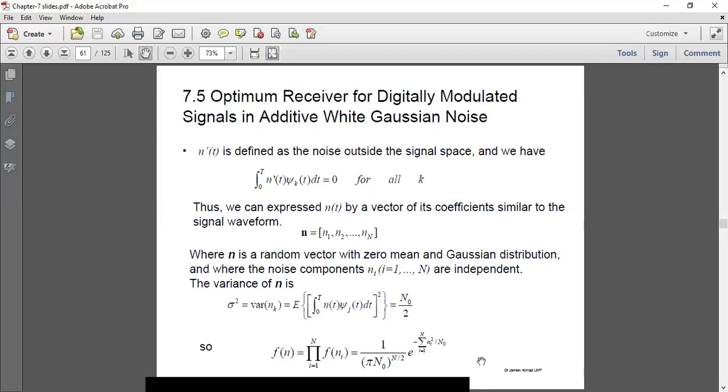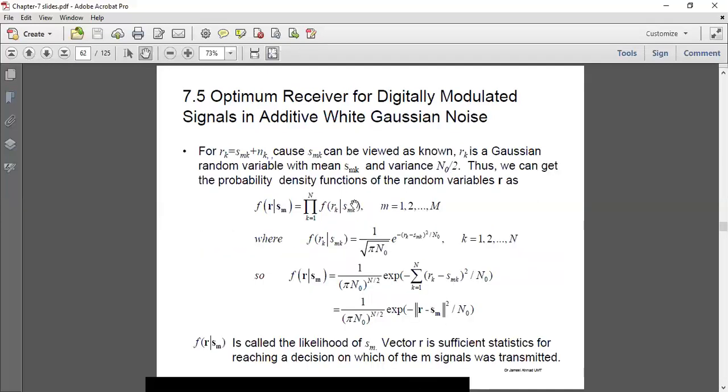So f of n is equal to the product of f of ni, i equal to 1 to n. We can write it as the product of 1 over square root of pi N0, e raised to the power minus ni square over N0, i equal to 1 to n. For rk equal to Smk plus nk, Smk can be viewed as known.